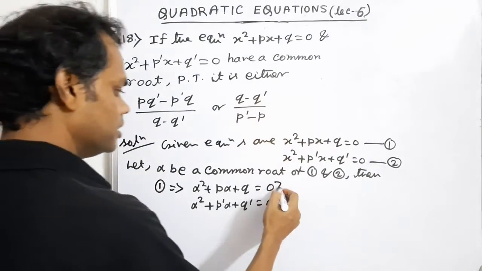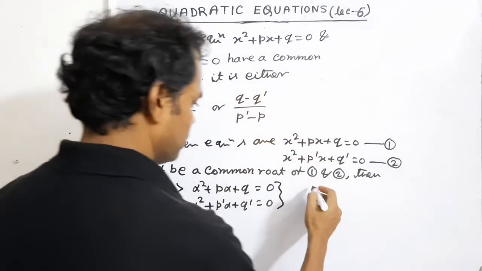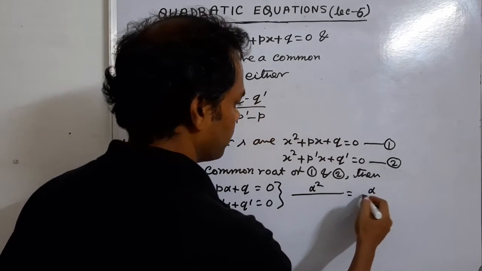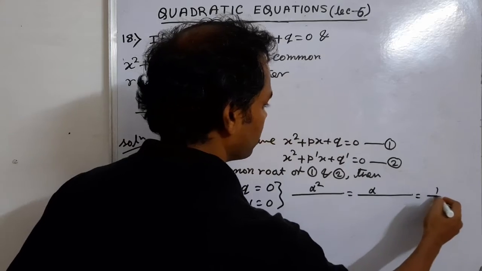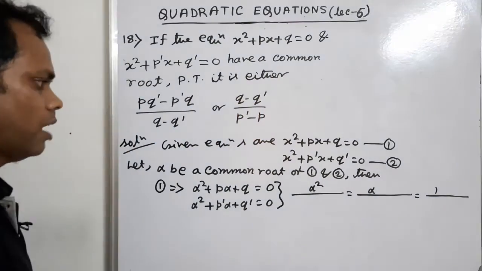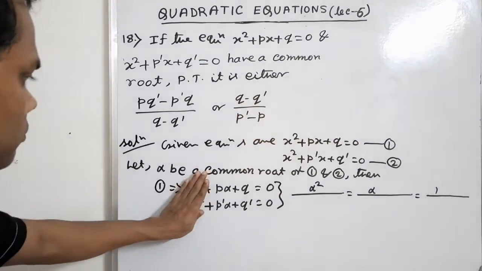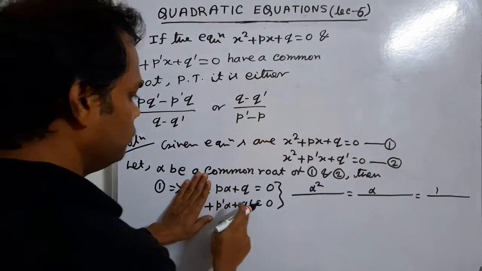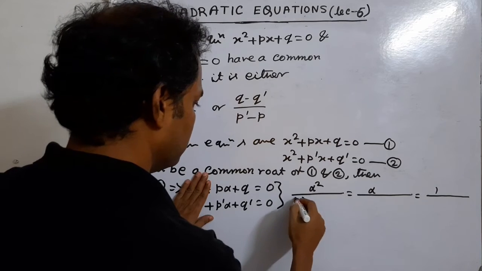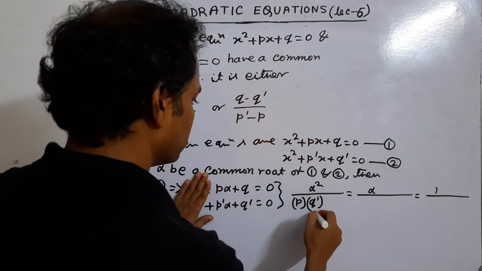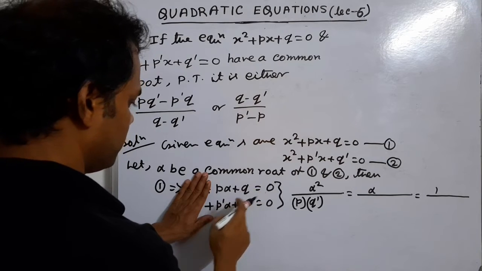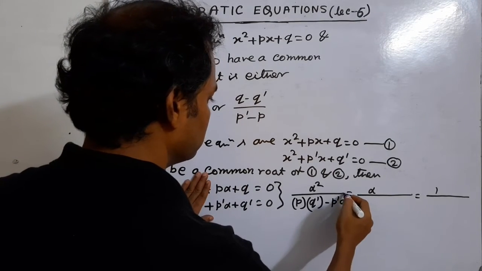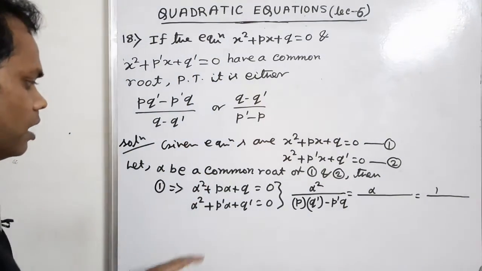By cross multiplication of these two equations we get alpha square by something, alpha by something and 1 by something. Alpha square by: p into q dash minus p dash into q.